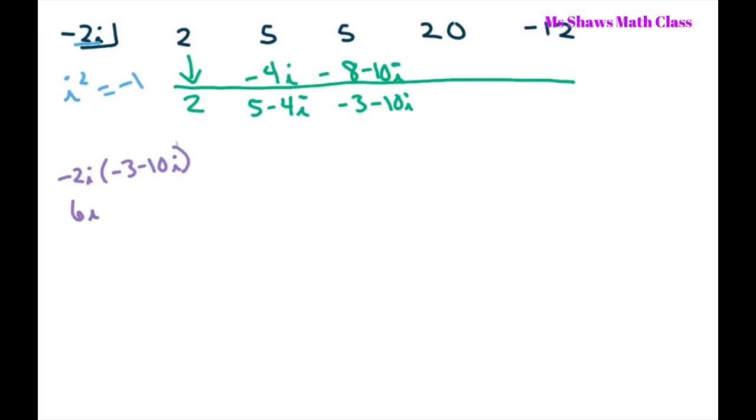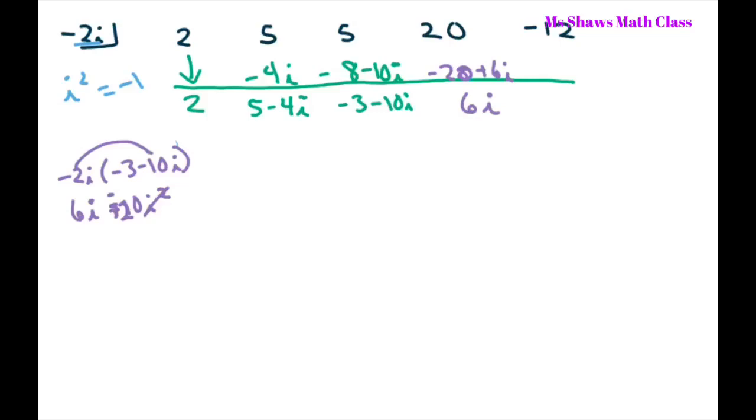You get 6i plus 10i squared. i squared is negative 1, so that's going to give you negative 20, sorry, I forgot to do that. So negative 20 plus 6i. When you add that, you just get 6i.